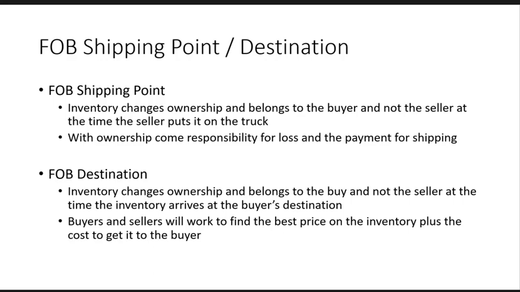So it can change ownership at the shipping point or at the destination. The whole idea is to find the best combination. The customer wants the best combination of paying for the items and paying for shipping. So they're going to compare the price of buying it from me plus getting somebody else to ship it versus buying it from me and having me ship it to them.